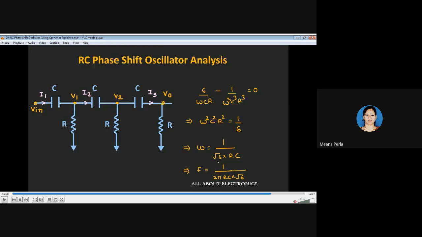So we will now see the gain equation. So this is the frequency equation for RC phase shift oscillator. Now we are going to proceed with the gain equation for this circuit. Once the imaginary part is 0, the expression can be written as Vin is equal to V0 times 1 minus 5 by omega square C square R square.